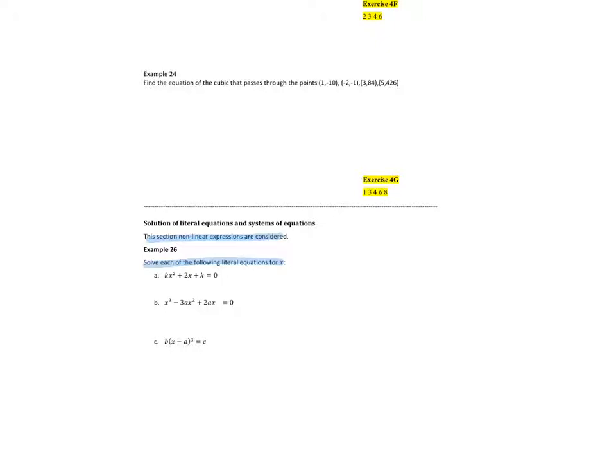So here we have a quadratic equation, so let's come out here. And to solve a quadratic, typically we might use the quadratic formula. So a is equal to k, b is equal to 2, c is equal to k, okay?